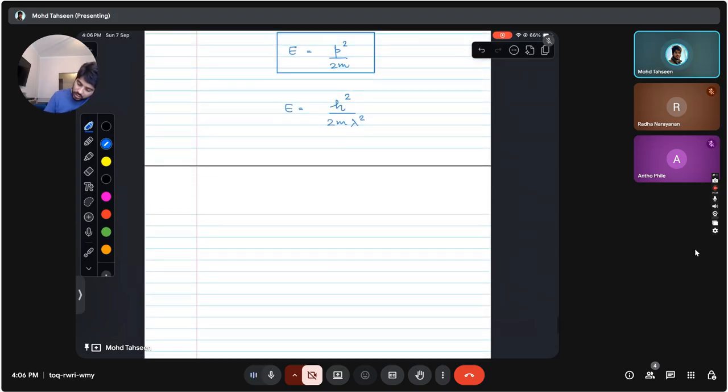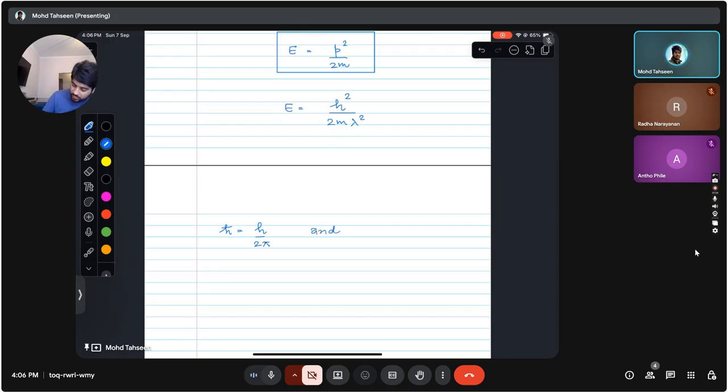Okay, and now if we try to introduce the reduced Planck's constant, which is nothing but h by 2 pi, and a wave number. Wave number is k. Usually it's written like this, but in one single dimension we omit this. But this k would be equal to 2 pi by lambda.